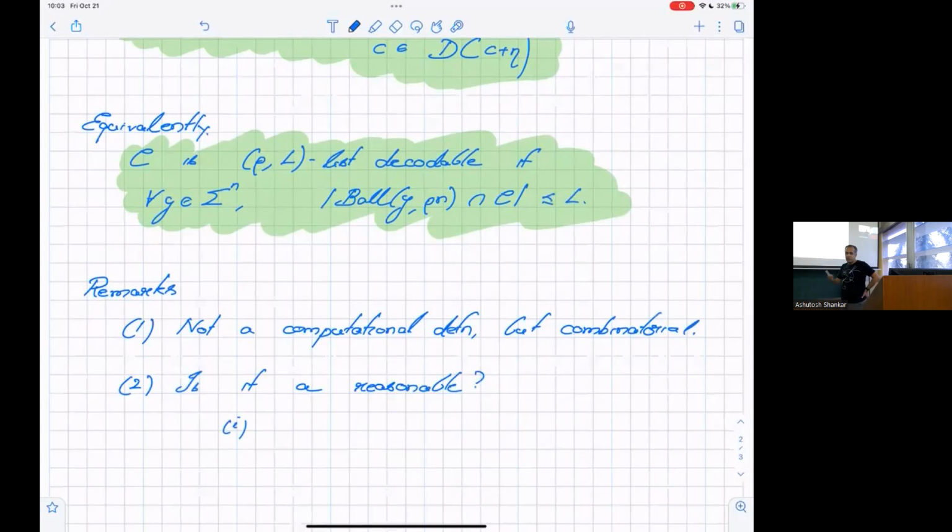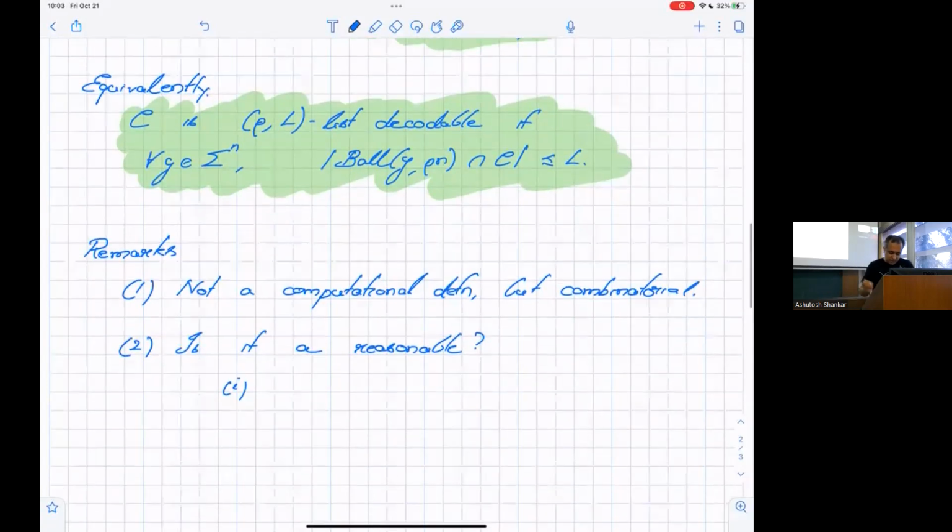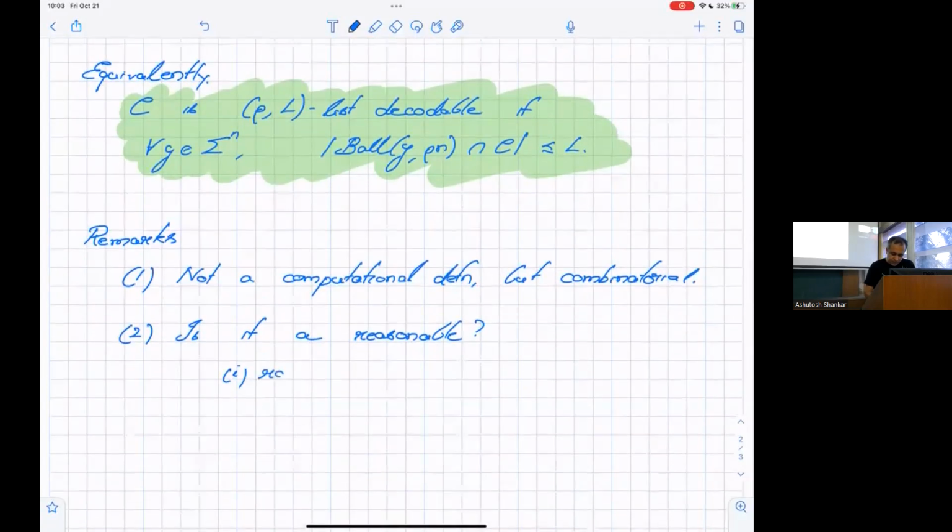So this definition allows you to recover from those things which previously we said we would not even recover. In random errors, the list size is typically 1, even for rho being much larger than delta by 2.